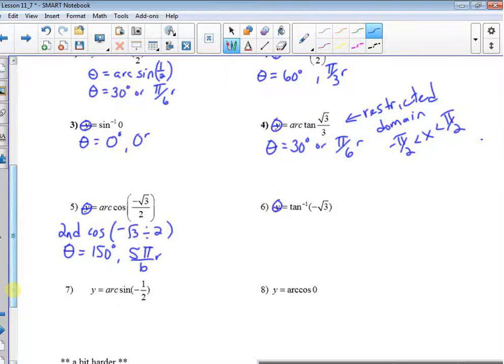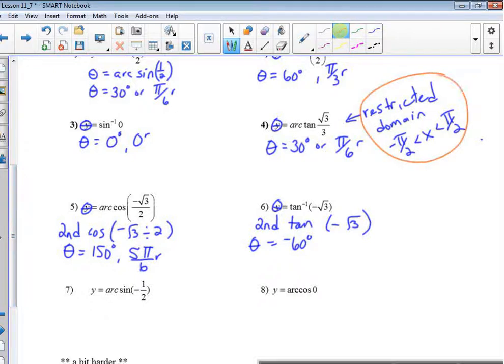For number 6, again, I'm going to do second tan of negative radical 3. And so theta is going to be negative 60. That's between negative 90 and 90. So it's that or negative pi over 3 radians.